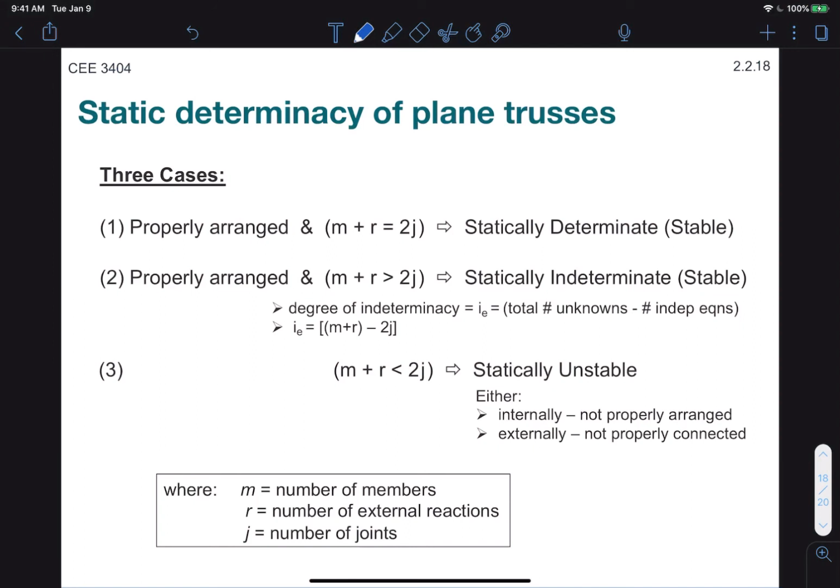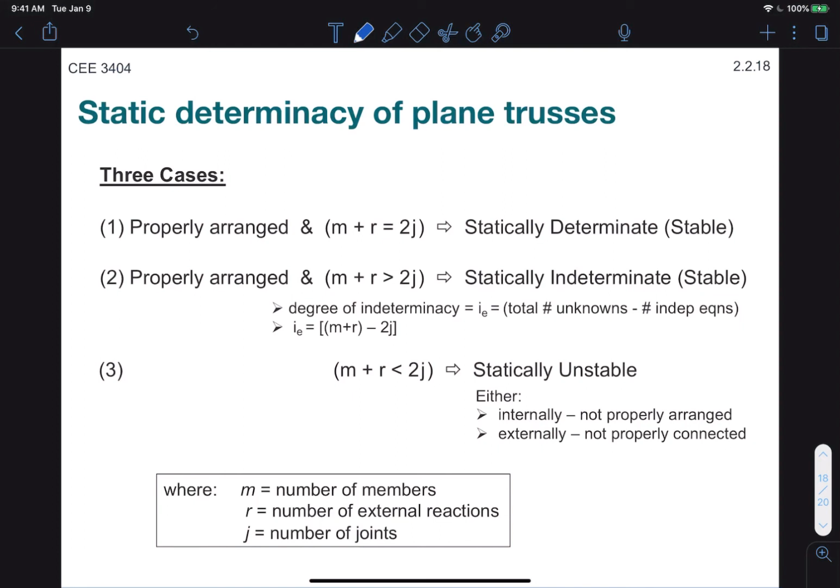Okay? The second case is that it is properly arranged, but M plus R is greater than 2J. In this case, we have more unknowns than independent equations, and therefore our structure is statically indeterminate. That still means it's stable, but it means that we can't solve it using equilibrium alone, and that's something that we'll get to at the very end of this class.